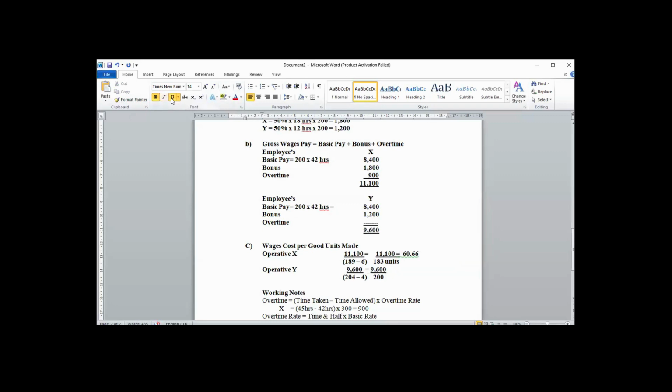The final answer is 48. 48 per unit. If you want to pay per unit for this one, they are meant to pay 48 naira per unit. For the other one, if you want to pay per unit, they are meant to pay 60 naira, 66 kobo per unit.